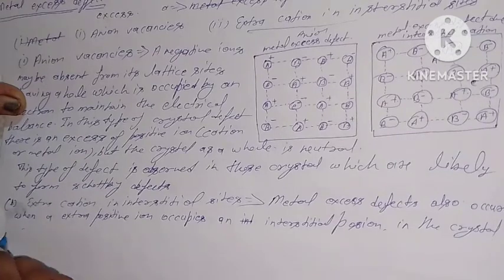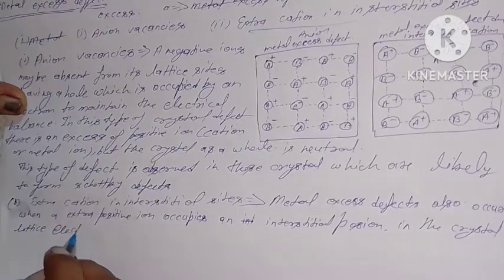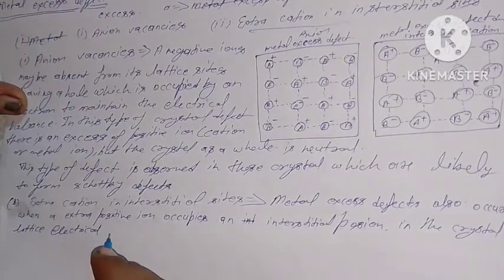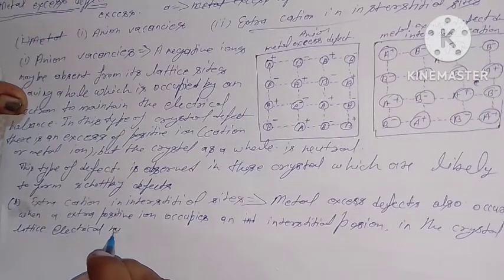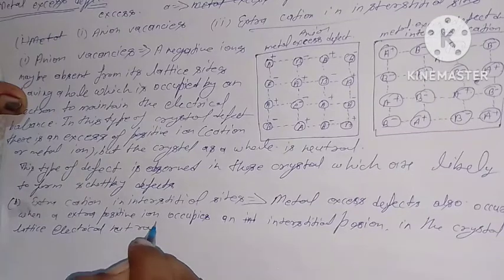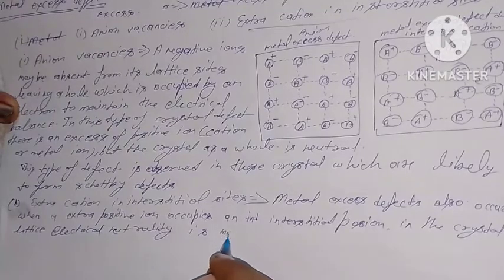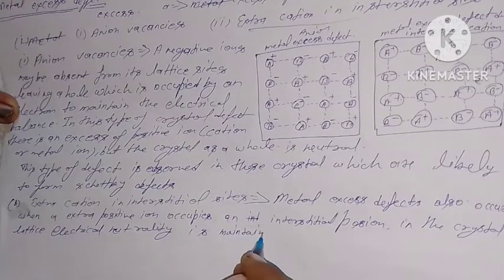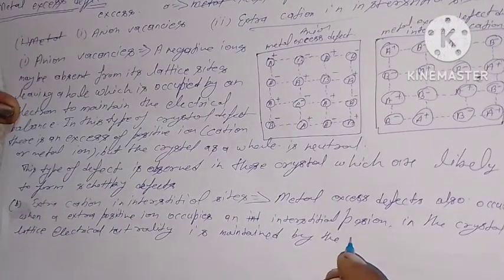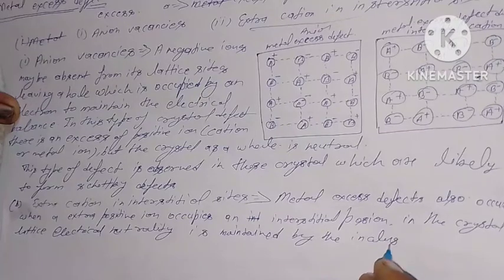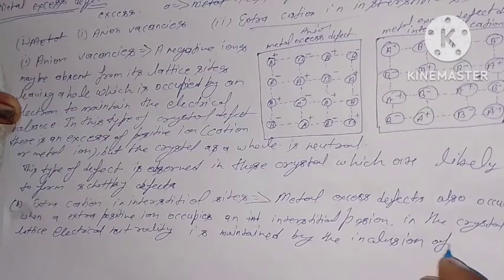Electrical neutrality is maintained by the inclusion of an interstitial electron.